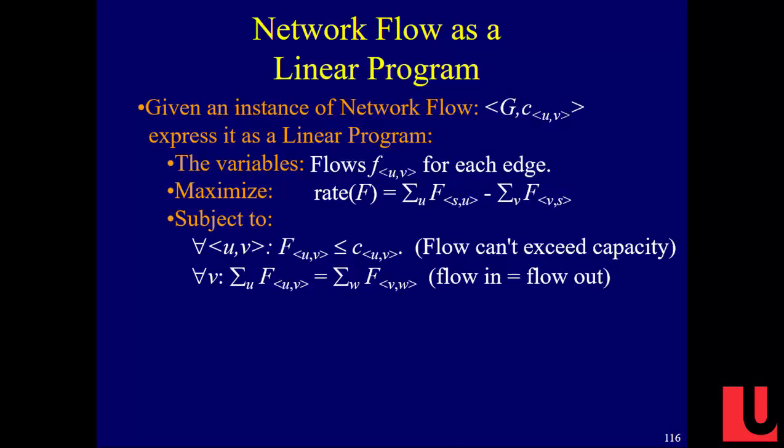It says the total flow into a node equals the total flow out of a node. So these are all linear constraints, and so network flow is an example of linear programming. And in general, in linear programming, if you have a linear program as a primal, you can take its dual, and if you take the dual of this, you get min cut.